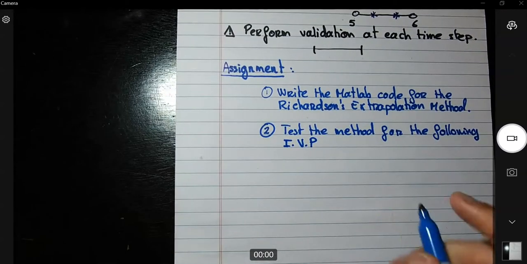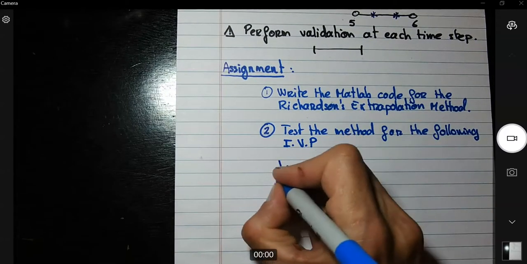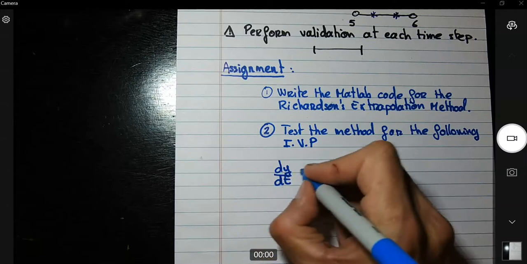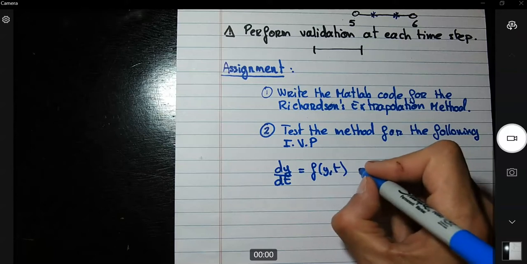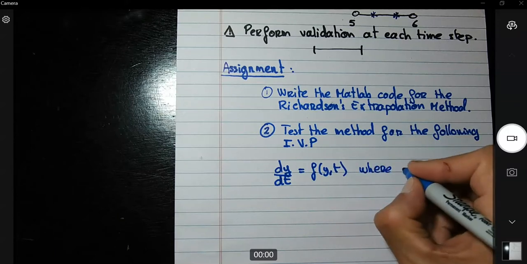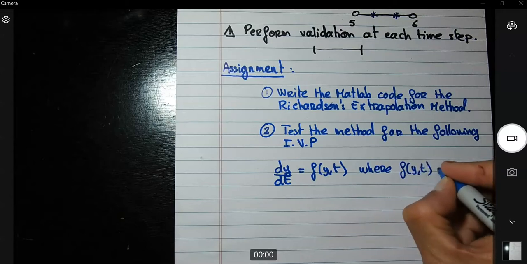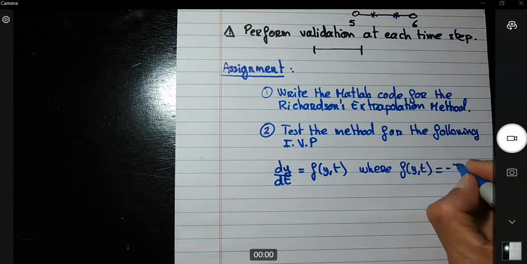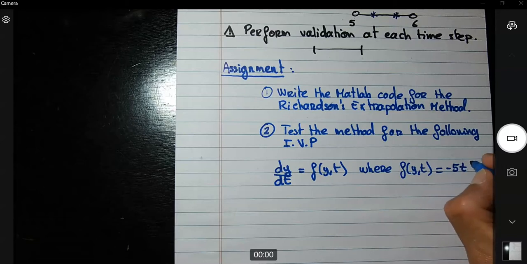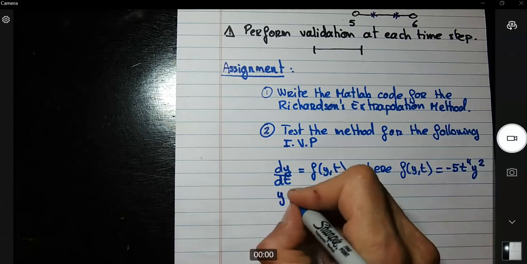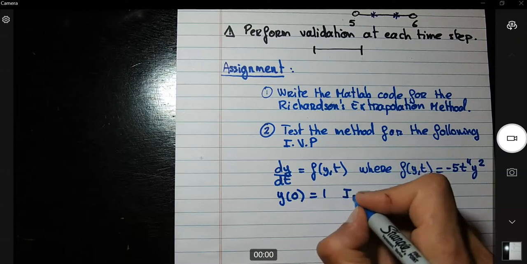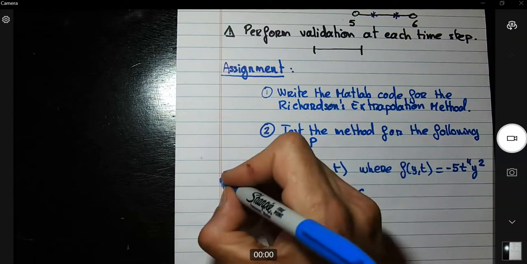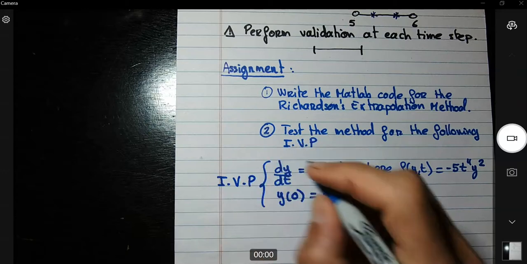So the initial value problem is dy/dt, in general form, equal to f of y, t, where f of y, t, I'm going to say, will be equal to minus 5 t to the fourth y squared. And you know that the initial condition y of 0 will be 1. This is our initial condition.